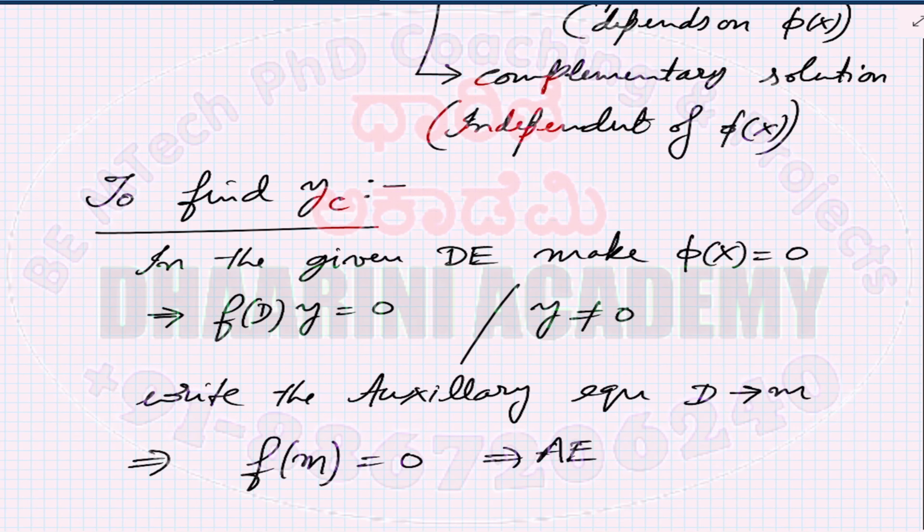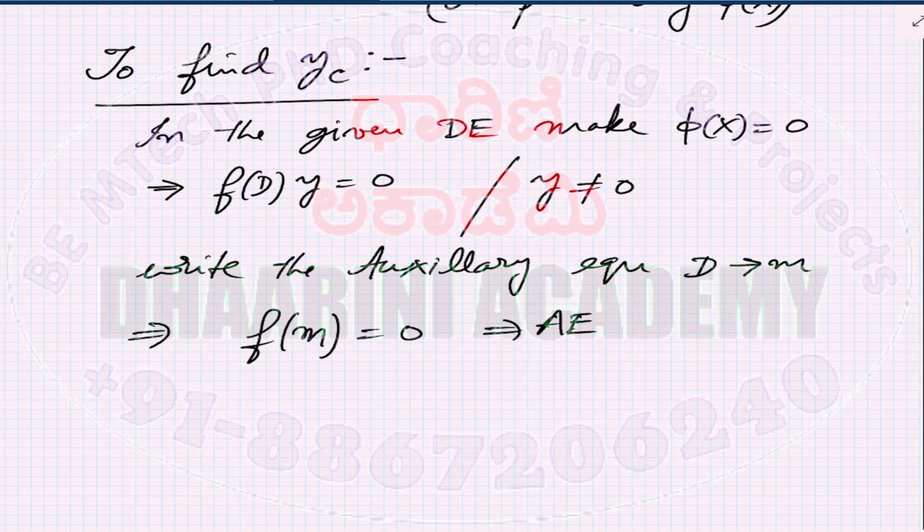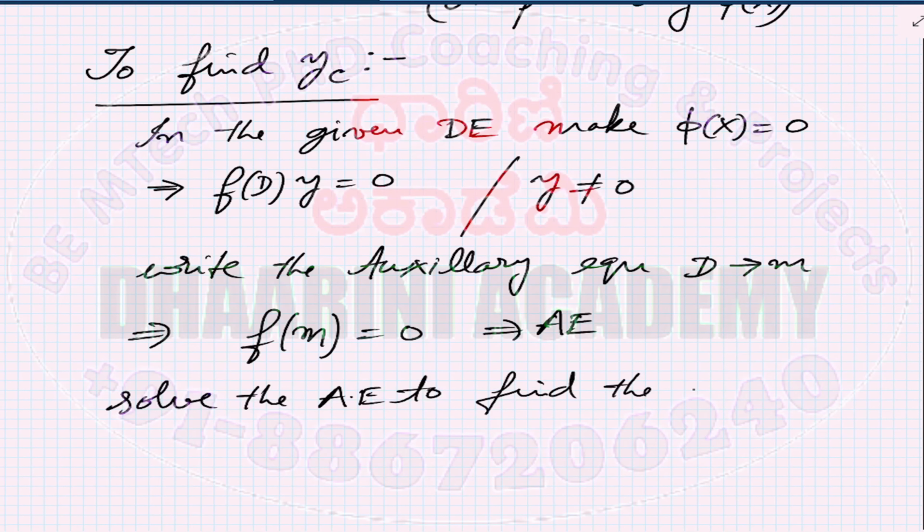Recall the answer yesterday: we had something like m square plus 3m plus 2 equal to 0. We solved it. So the next step is to solve the auxiliary equation to find the roots.